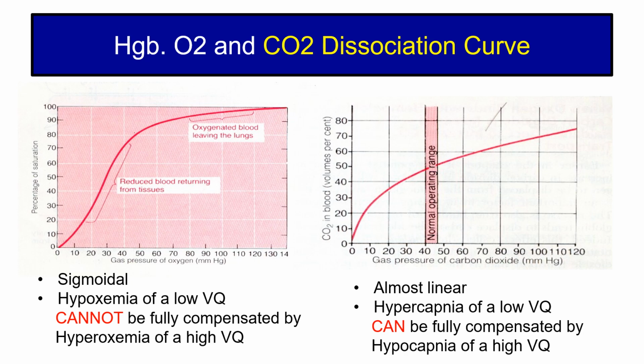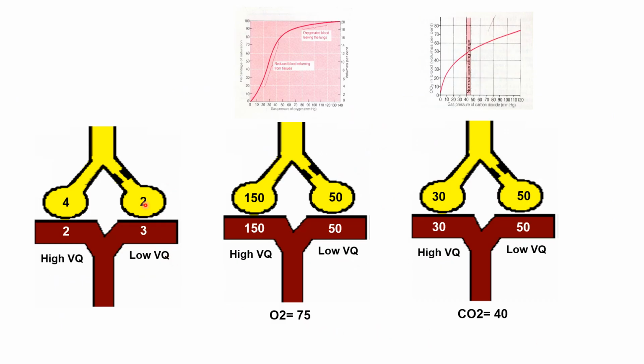Okay, let me illustrate that further. So you have a V/Q mismatching here. Because of those obstructions, it gives rise to a low V/Q, which gives rise indirectly to a high V/Q. Let's talk about the oxygen tension. Because of the low V/Q, it is hypoxemia on the right side and hypercapnia on the left side.